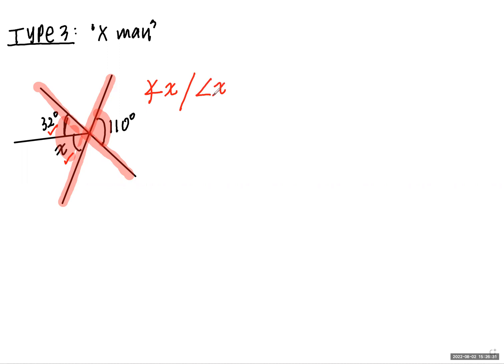Listen to what your teacher wants you to present. So if you want to find angle X, you write down angle X first is equal to, I know these two will add up to 110, right? So I just take 110 and minus off the 32. And how much do I get? 80, 70. Just use your calculator.